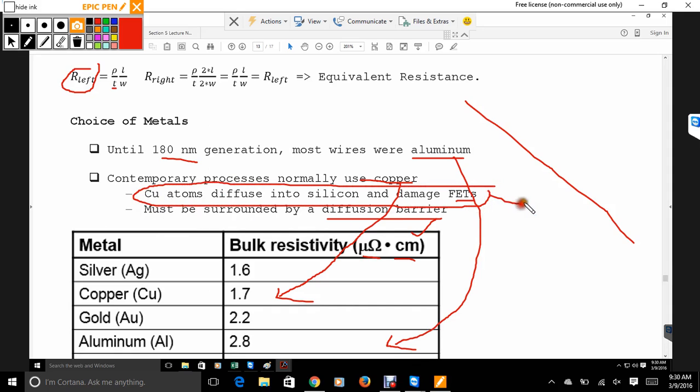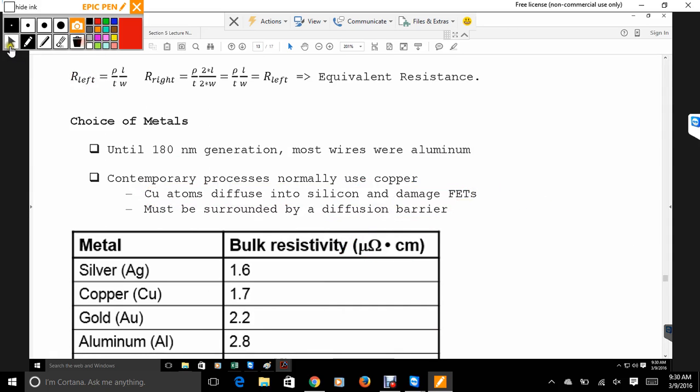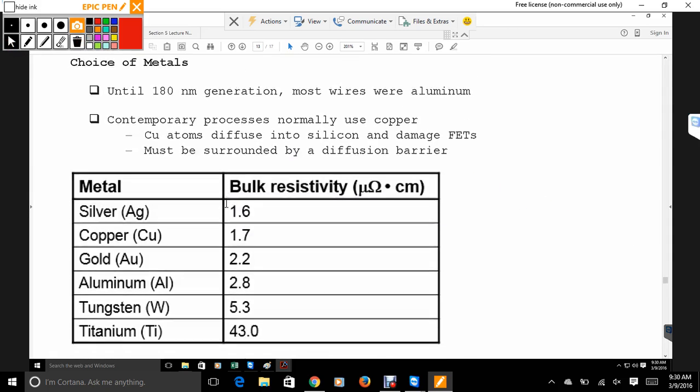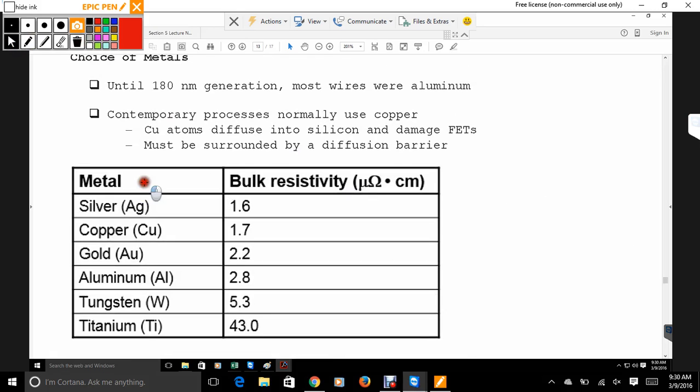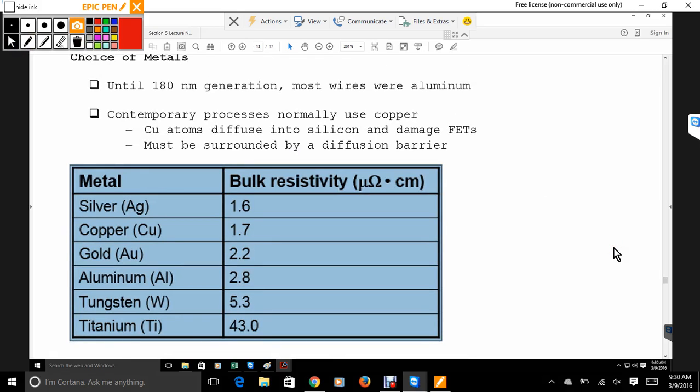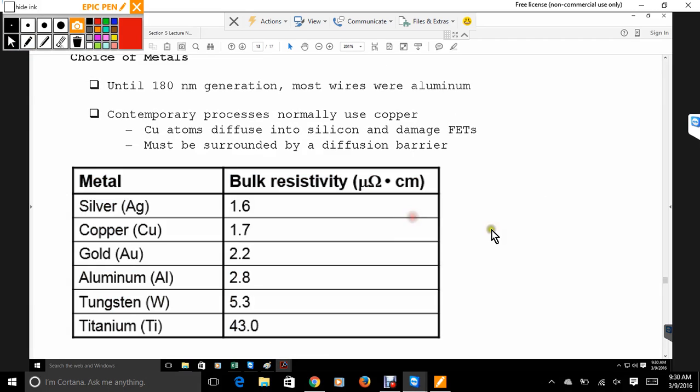We want them to stay outside, bring our electrons or holes to us, and then we take care of it. Any value from this table on a question will be given, as you'll see. The whole idea is that titanium has a very high resistivity, and silver has a low resistivity. However, as you can probably imagine, there's a trade-off.